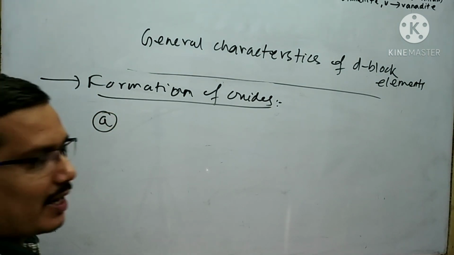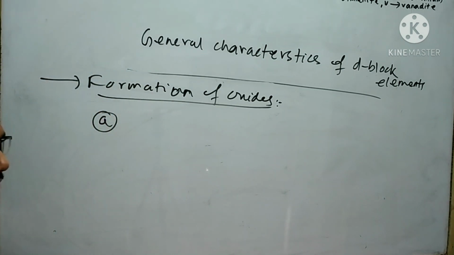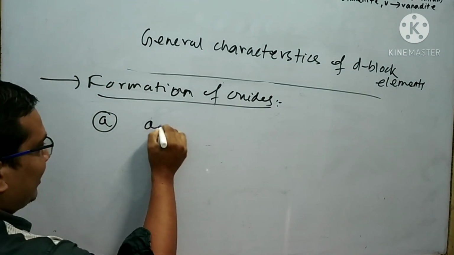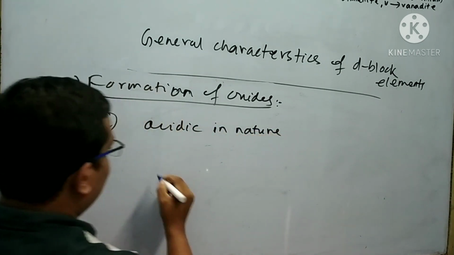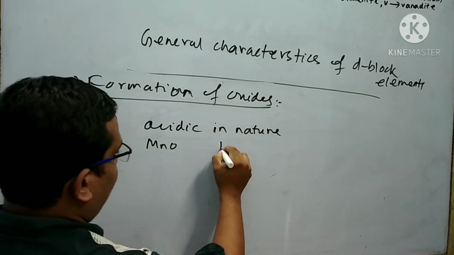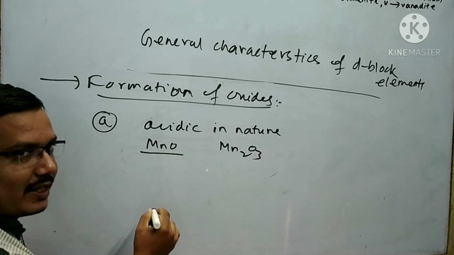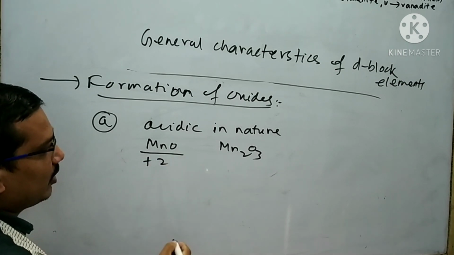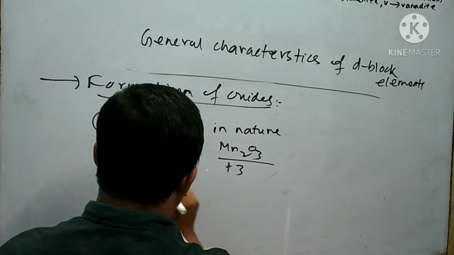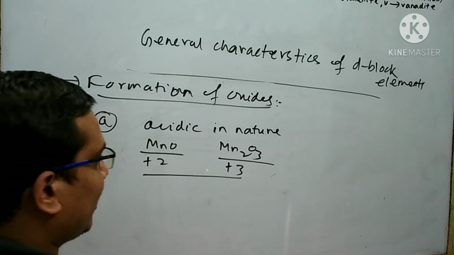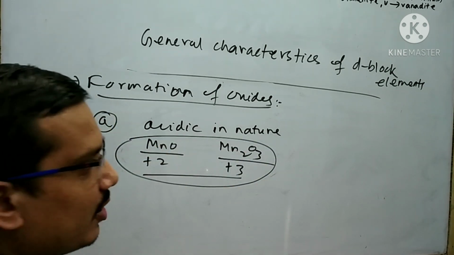The oxides in which the transition metal atom has a lower oxidation state are generally acidic in nature. For example, MnO and Mn2O3. In the first compound, manganese has oxidation state +2. In the second, manganese has oxidation state +3. These are lower oxidation states of manganese, and these compounds are acidic in nature.